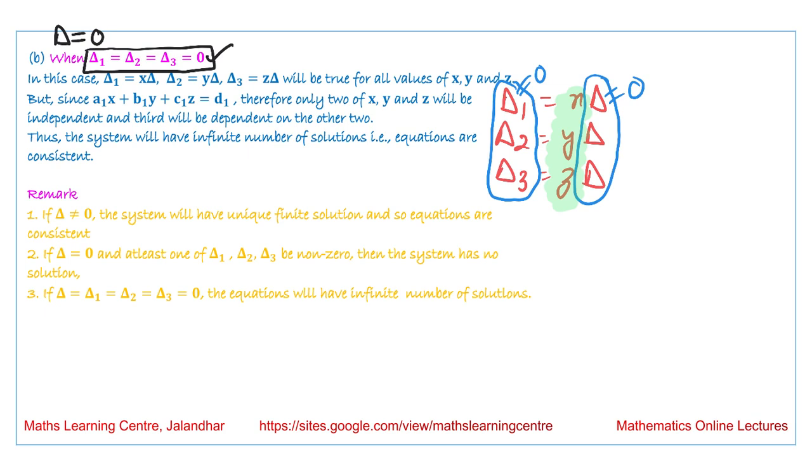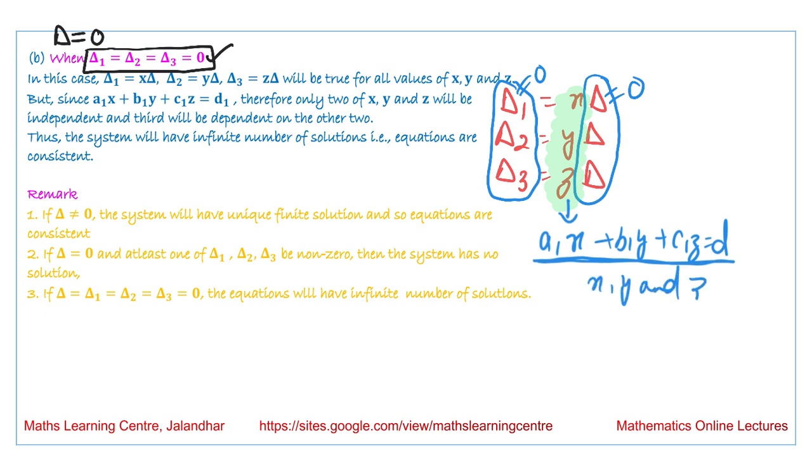Why are we saying this? We are not saying it for all values of x, y, z, we are saying there are infinite values of x, y, z, because these three are connected by the relation a1x plus b1y plus c1z is equal to d. So if we take this equation, then any two of x, y and z will depend upon one of these.